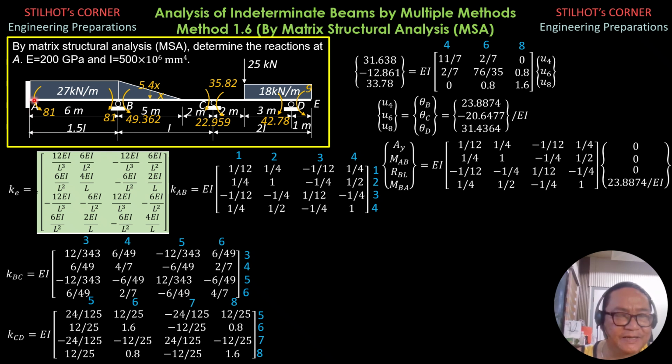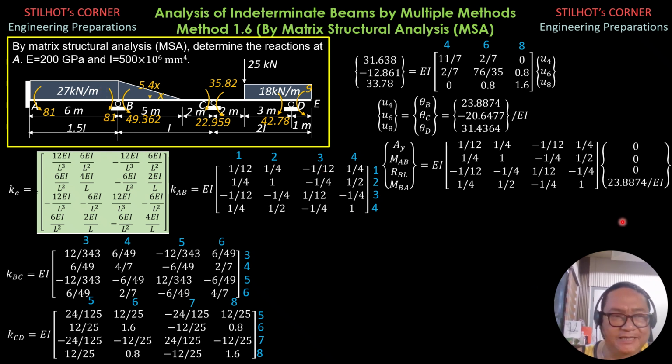Then the fixed end forces: because AB has a loading which is symmetric, the fixed end force here is equal to 27 times 6 divided by 2, or 81 also. Then the fixed end moment is counterclockwise, so that's treated positive in matrix structural analysis. At the right end, the fixed end force upward is also 81, and the fixed end moment is negative.